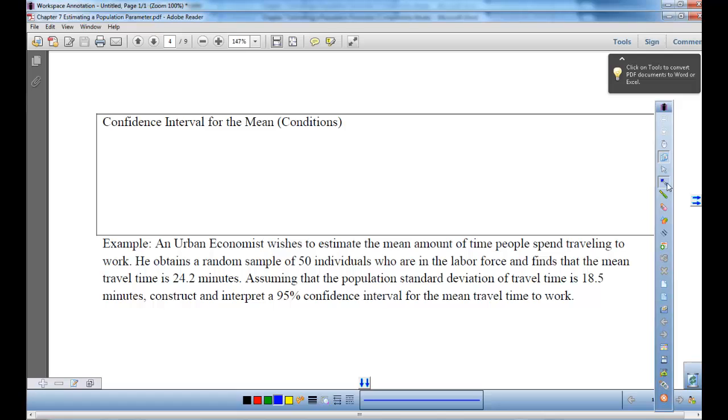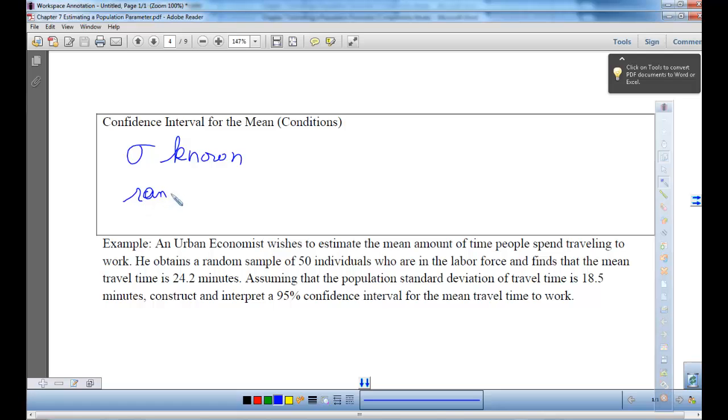We're looking at when we construct an interval under these conditions. First of all, sigma is known. Sigma is the population standard deviation. So we know the population standard deviation, and we have a randomly selected sample.